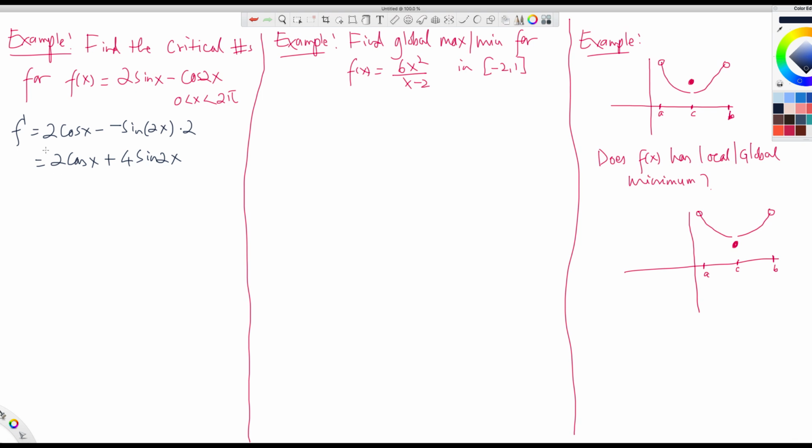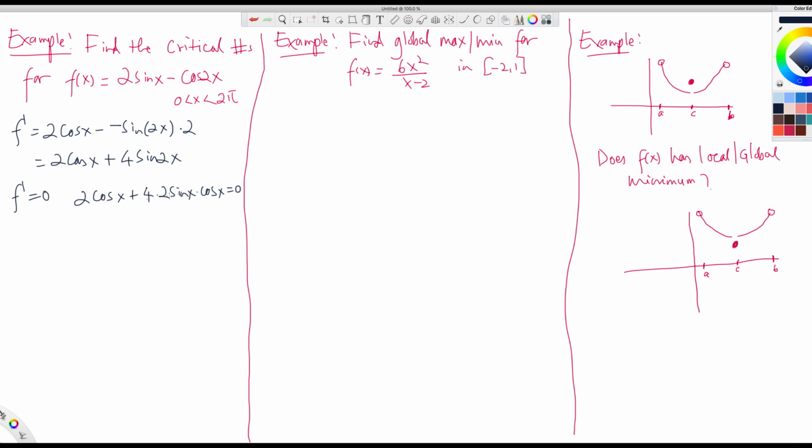So to find the critical numbers, you should set that equal to 0 and see for what values of x the first derivative is 0, right? So f prime equals 0 implies 2 cosine of x plus 4 sine 2x. Do you know the value of sine 2x? It is 2 sine x times cosine of x, equals 0.